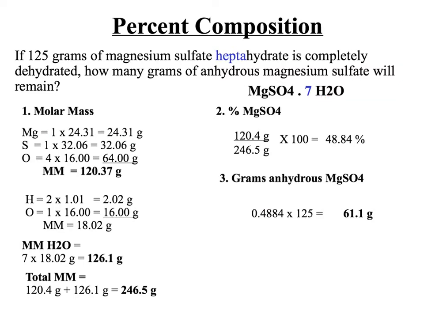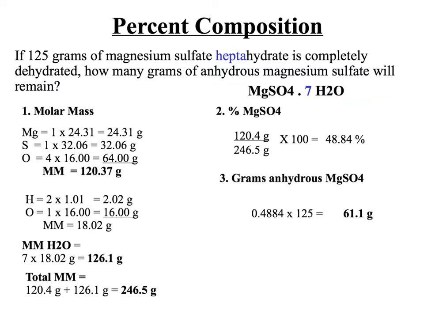In this problem, we are given 125 grams of the magnesium sulfate heptahydrate. All of the water has been removed, and we want to know how much of just magnesium sulfate remains. The first thing one needs to do is to calculate the molar mass.